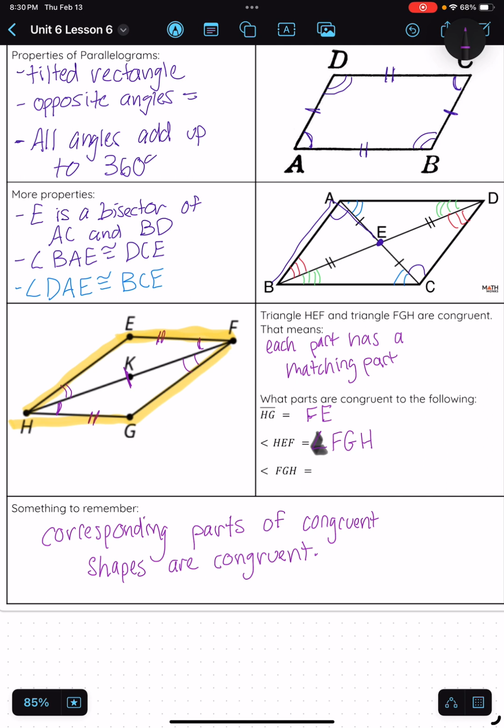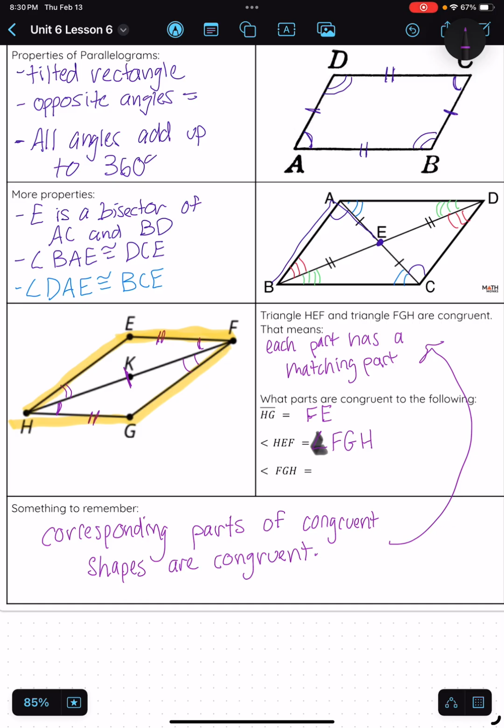That is the math way of saying that each part has a matching part. Corresponding parts is like matching parts.